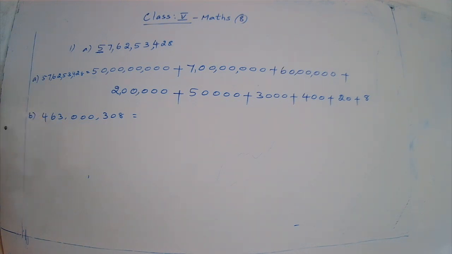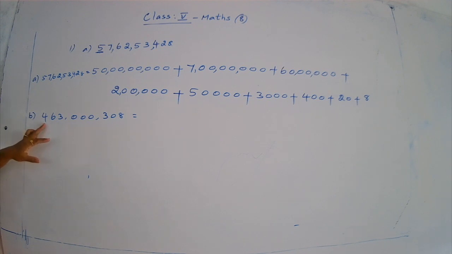Okay, children. Expanded form means we write a number as a sum of the place values of its digits. The system doesn't matter. Now you see the first digit, 4.